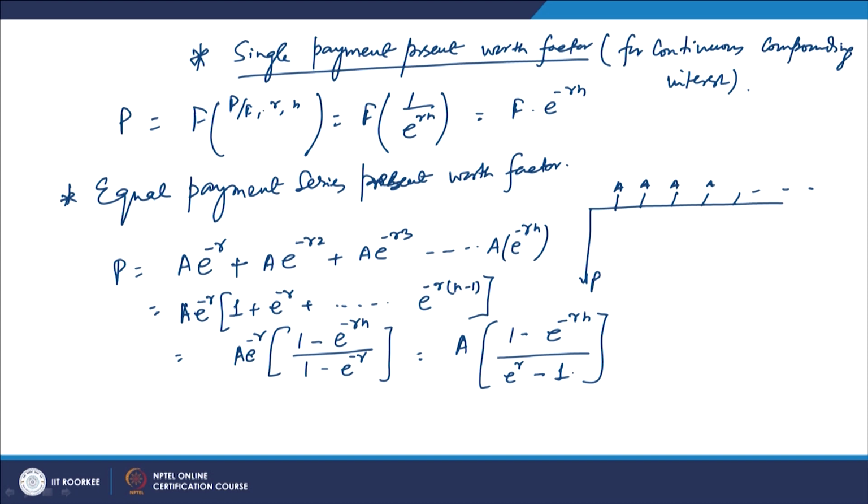This factor is used to find the present worth provided A is given, and this factor multiplied with A will give you the present worth. That is why it is known as the equal payment series present worth factor, that is P by A, r, n.